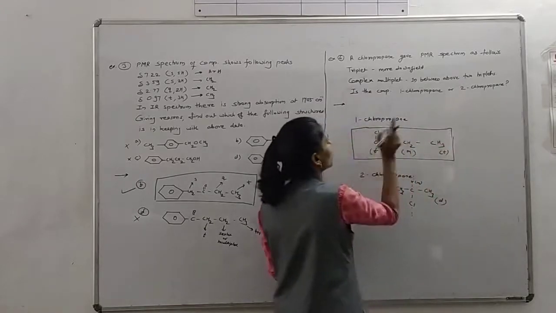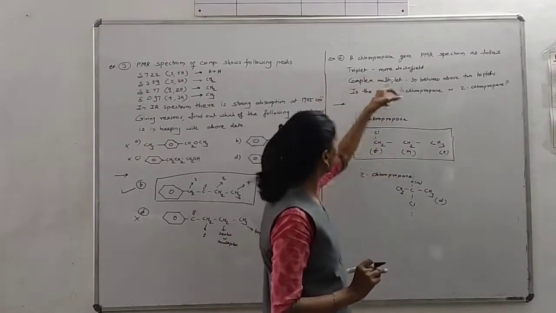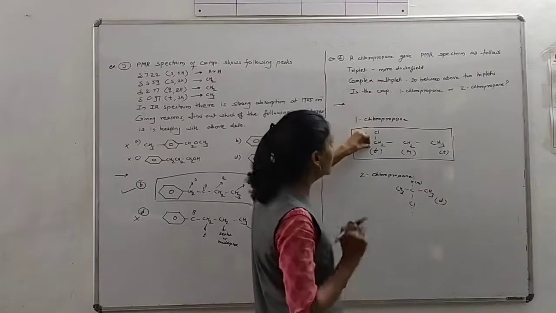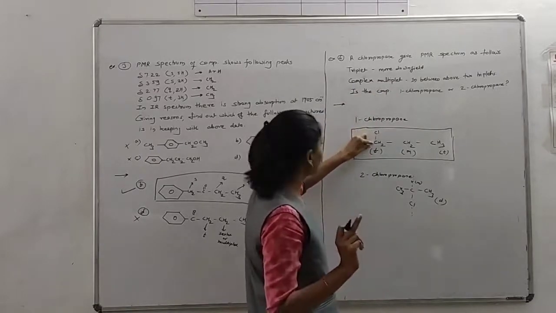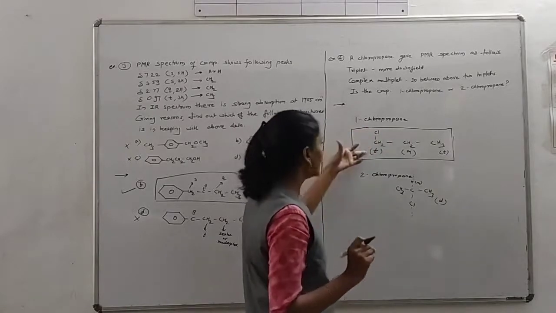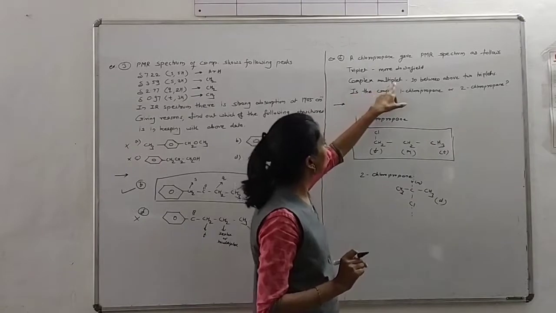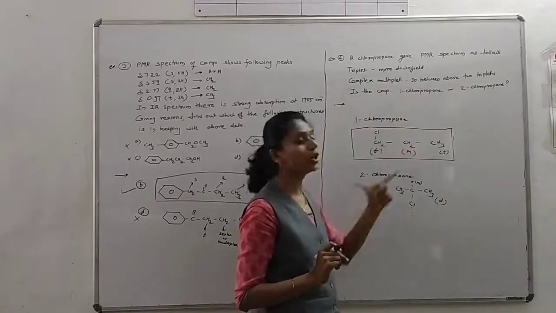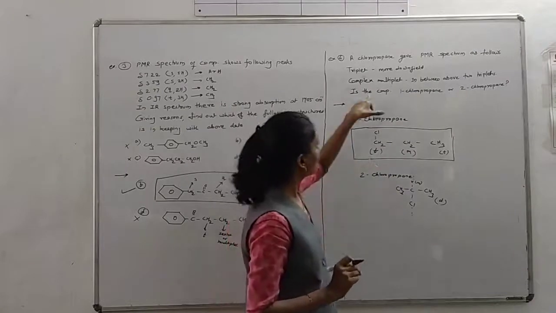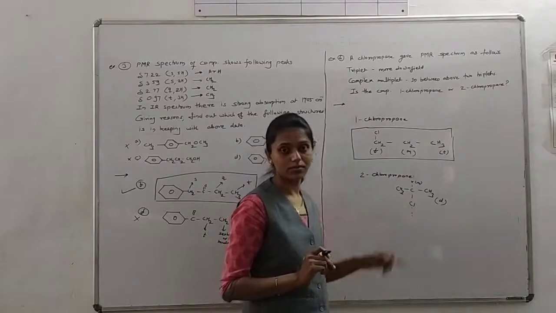That means when chloropropane satisfies the above condition, the triplet is more downfield. This triplet is more downfield due to the presence of chlorine. Chlorine is attached to the CH2 group, so it appears in the downfield direction. And next, the multiplet is in between the two triplets. So the compound must be 1-chloropropane here.